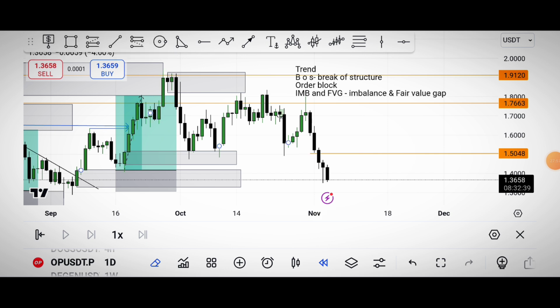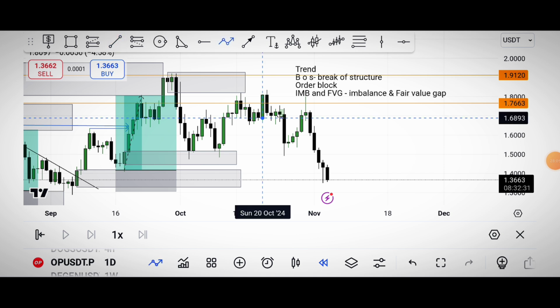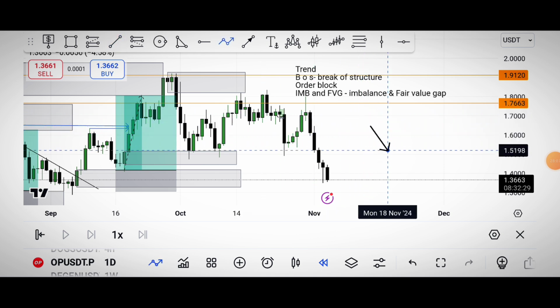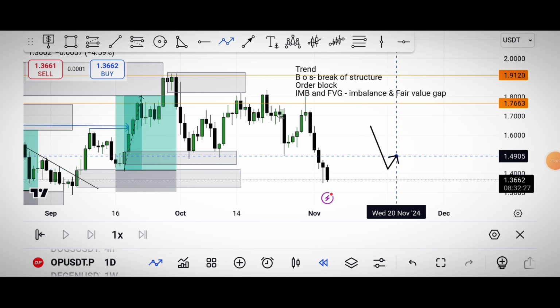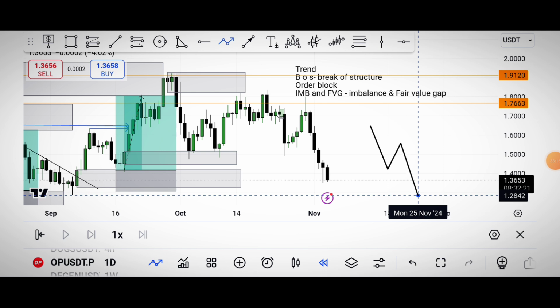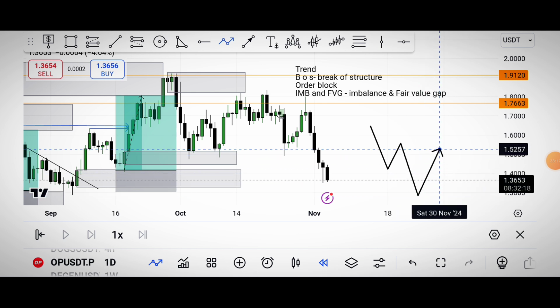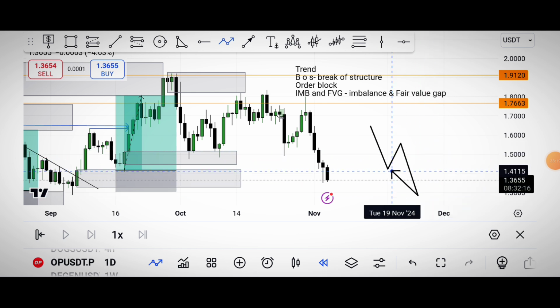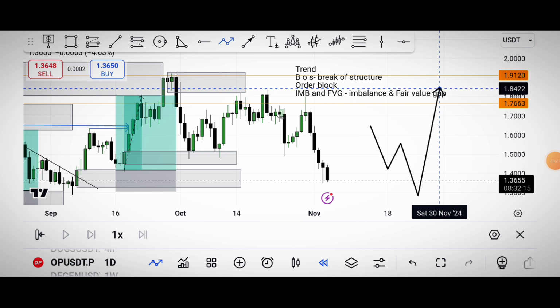Remember, I told you guys our strategy, and the strategy to become a profitable trader very fast is to use the double structure strategy. And what did I tell you about that? If the market forms a double structure and the right leg is higher than the left leg, it means the market is going to be very bullish, breaking the highs.